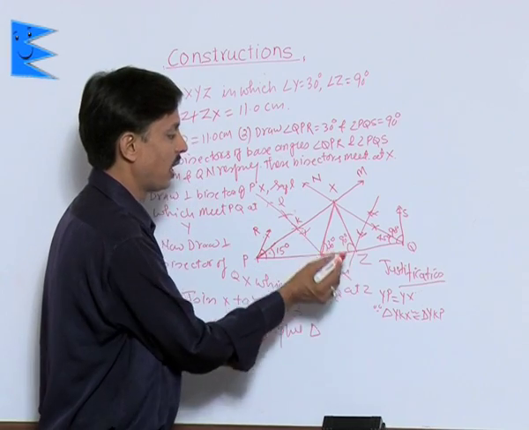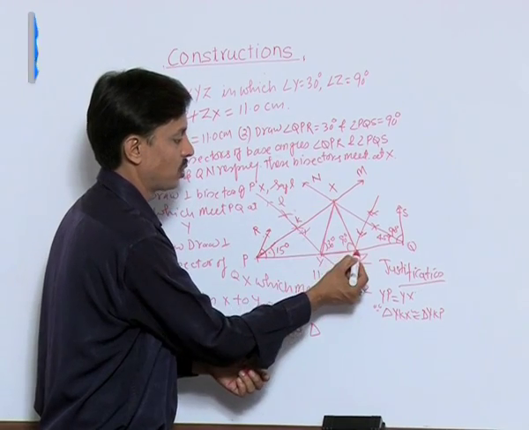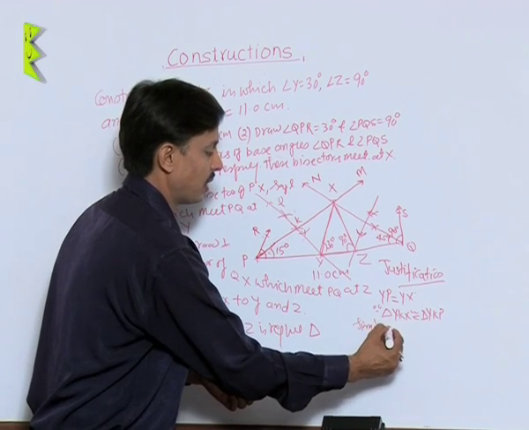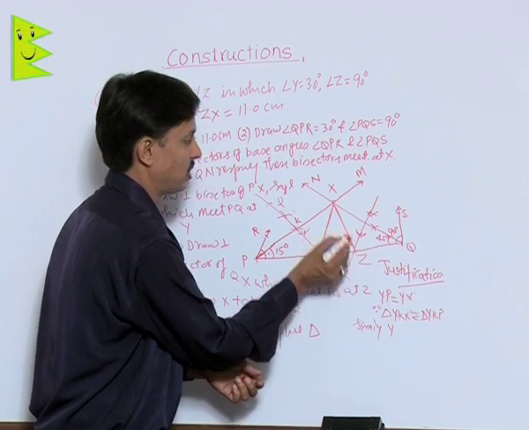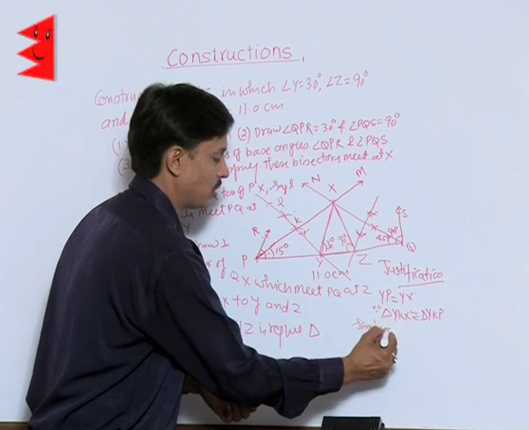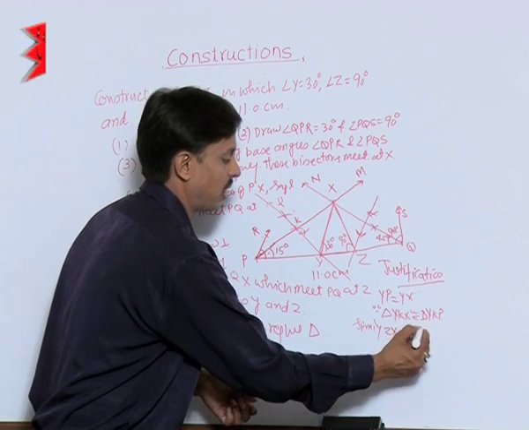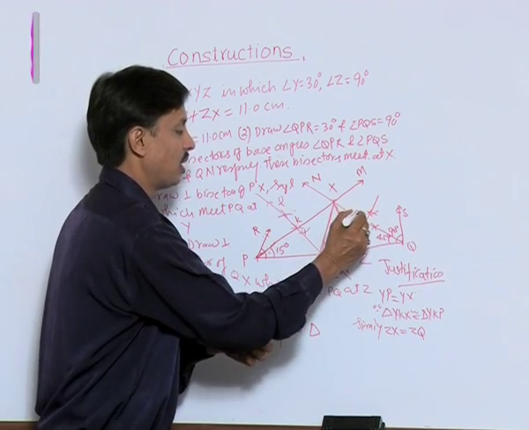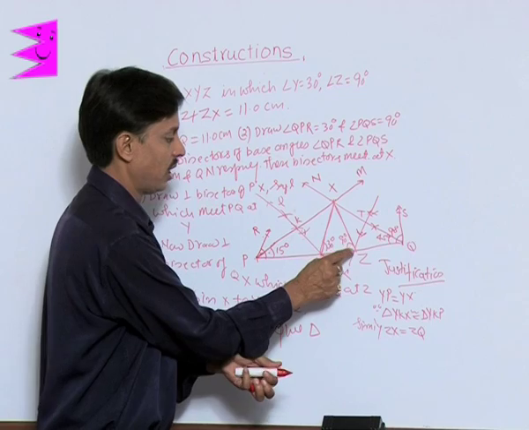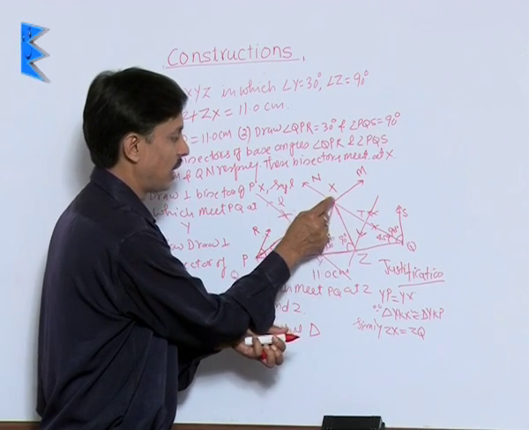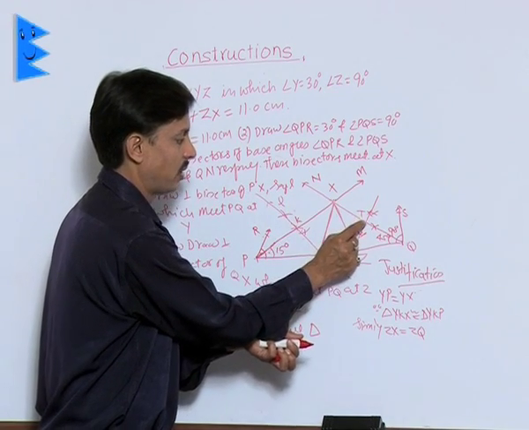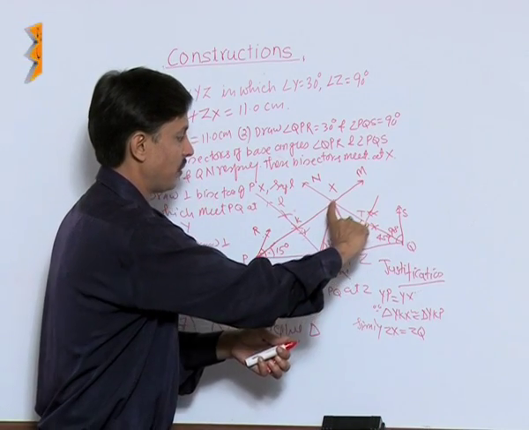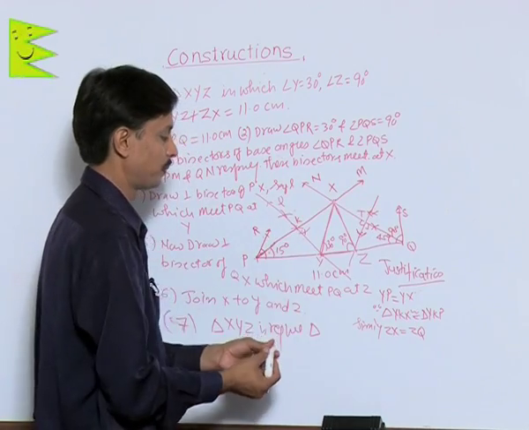Similarly, YZ is equal to YQ. And ZX is equal to ZQ, because if I take this point as T, then triangle ZTX is congruent to ZTQ, and by CPCT you conclude that ZX is equal to ZQ.